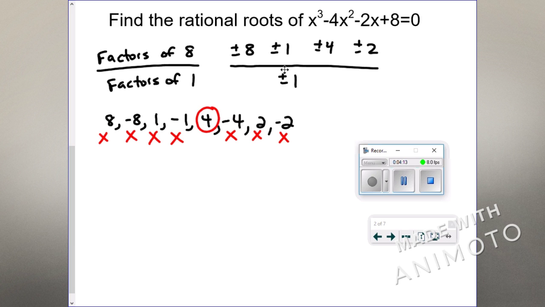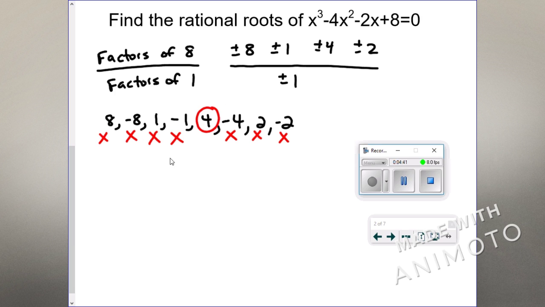So our potential rational roots are 8, -8, 1, -1, 4, -4, 2, and -2. When we plug each of those values in for x, the only one where we get 0 is 4. So 4 cubed minus 4 times 4 squared minus 2 times 4 plus 8 equals 0.